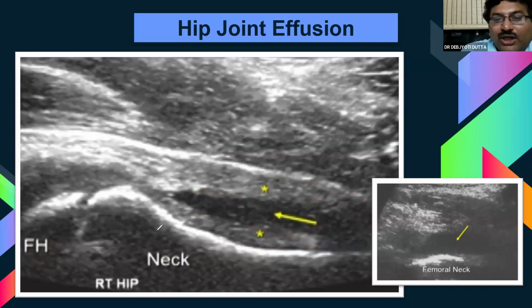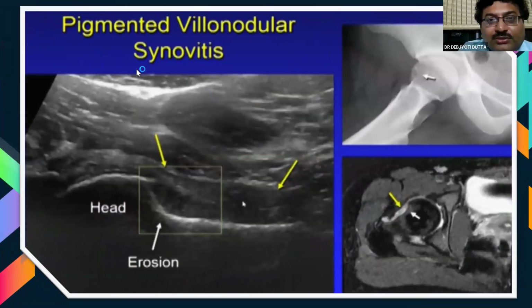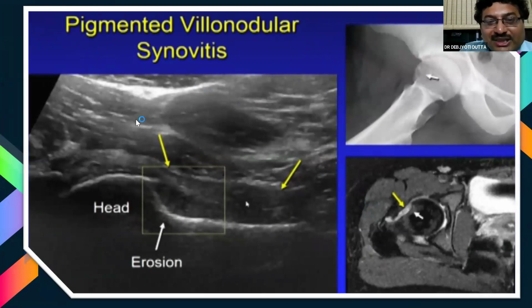If you want to needle, you can come according to your convenience from the medial or lateral side. But obviously coming from the lateral side becomes a little bit easier because there are no important structures there. Now, here it is a condition where there is pigmented villonodular synovitis of the same area. There is no fluid, but again it is showing a hypoechoic area and erosion of the head and neck.